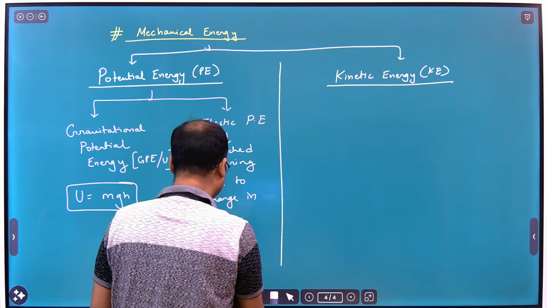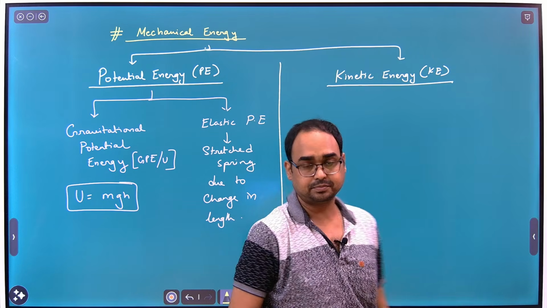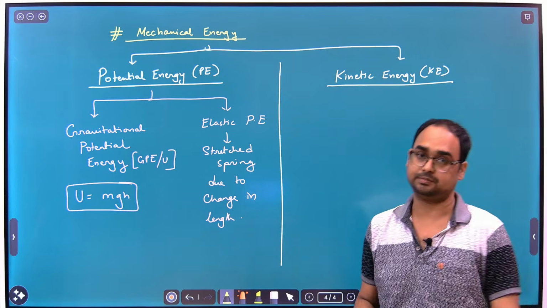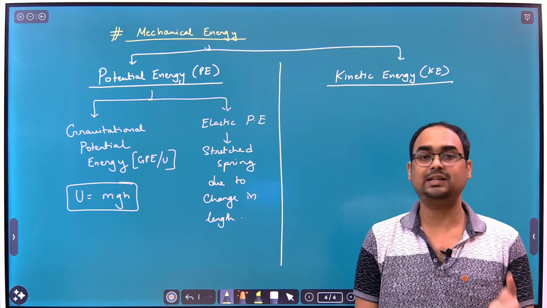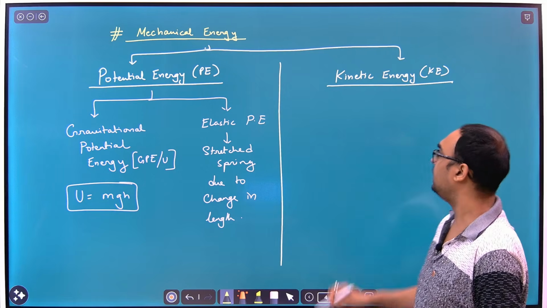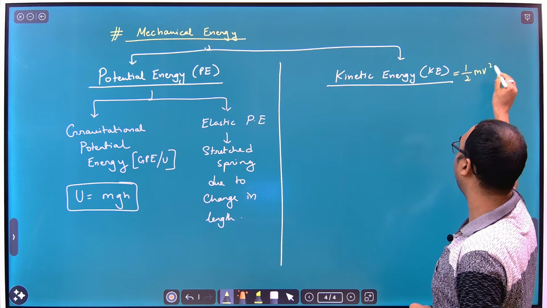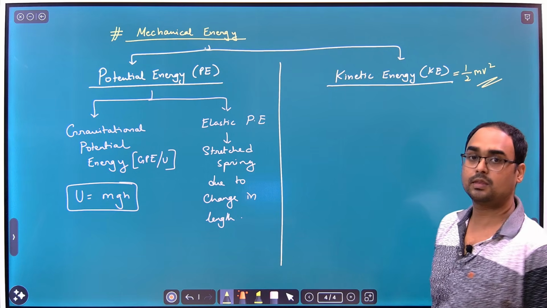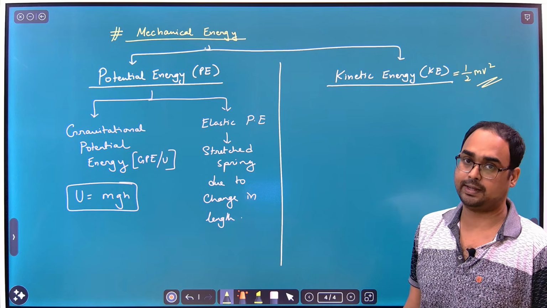The kinetic energy. Now, how to approach the kinetic energy? We know that work done and energy are equivalent to each other. We know that the basic formula of kinetic energy is half mv square. But how do we arrive at the formula? Why is it half mv square?